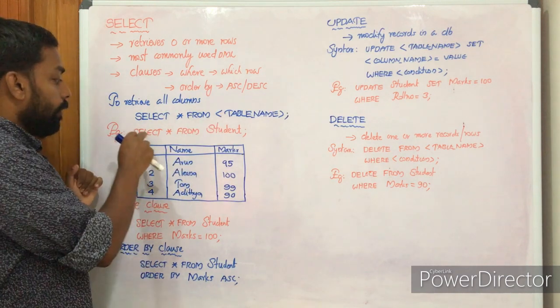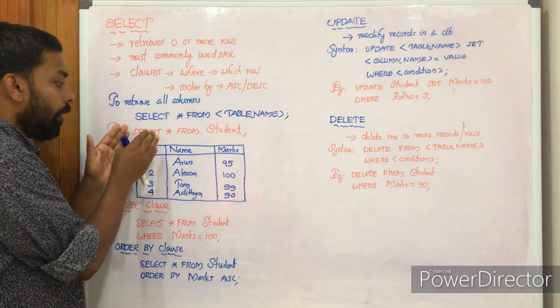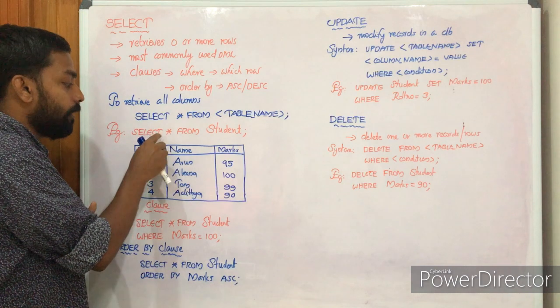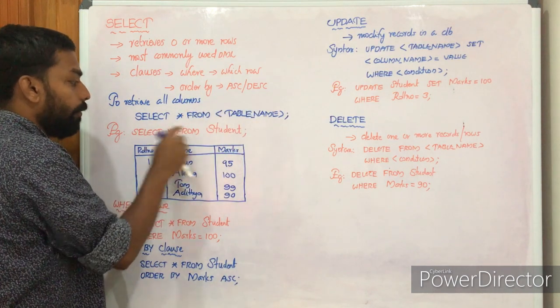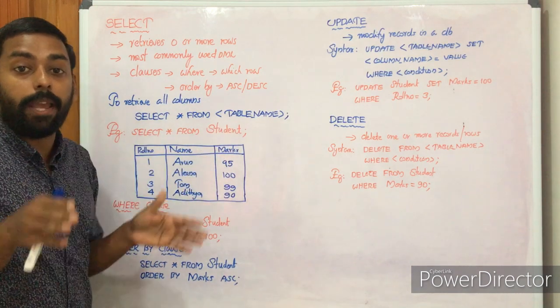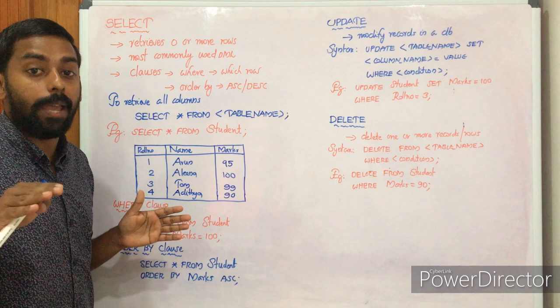We have an example here: select star from student. We know the syntax is select star from table name, and here our table name is student. So select star from student displays or retrieves all columns and all rows from the table student.